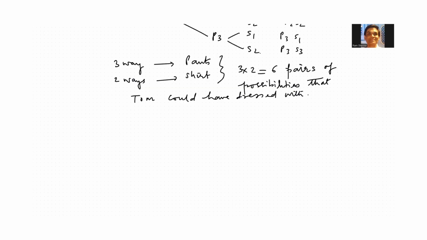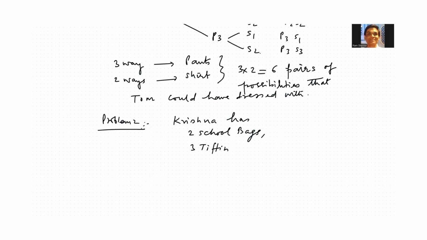Let us say Krishna has 2 school bags, 3 tiffin boxes, and 2 water bottles.